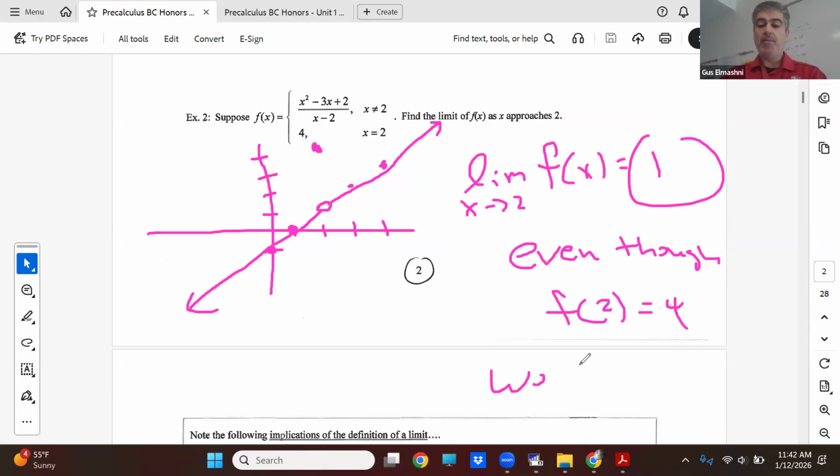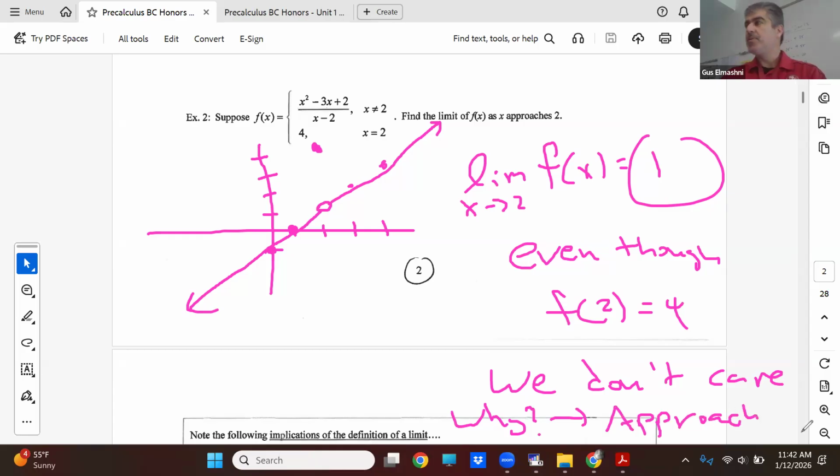We don't care. We do not care. Why do I not care? It's all about what again? Approach. I do not care what it equals. It's all about the approach, right?